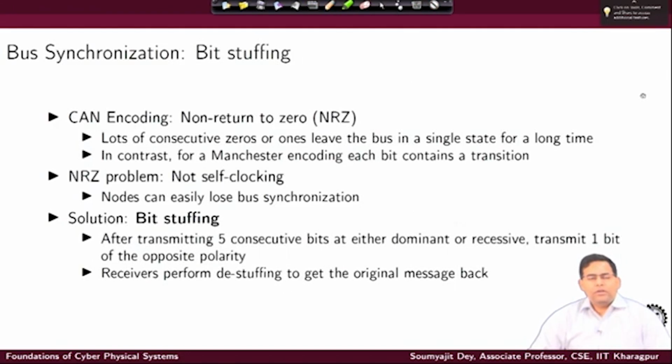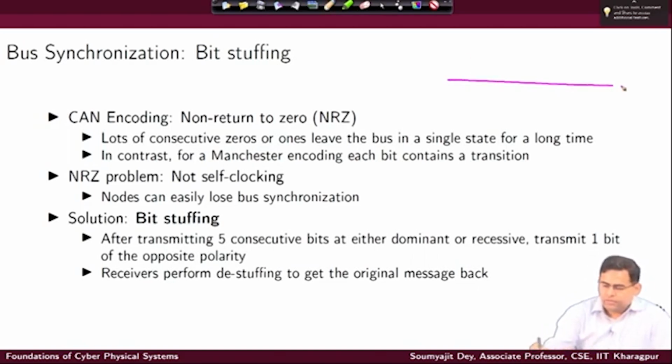Now, something very important: how the CAN voltage signal is going to represent a bit pattern. The CAN encoding type is called NRZ, or non-return to 0. In a digital signal you have two possible ways of representing bit patterns.